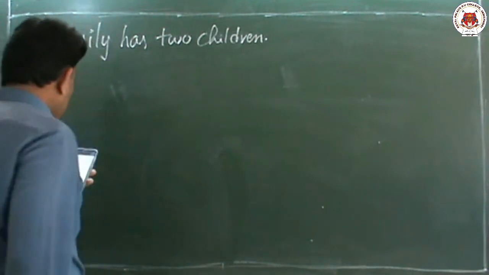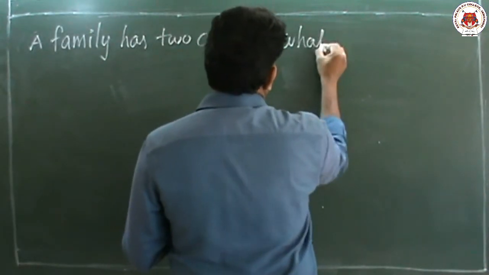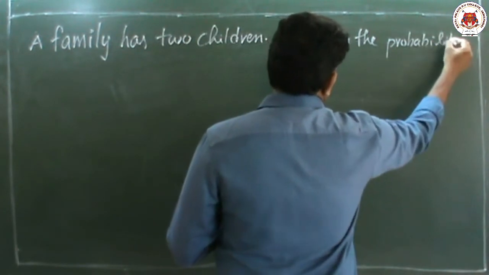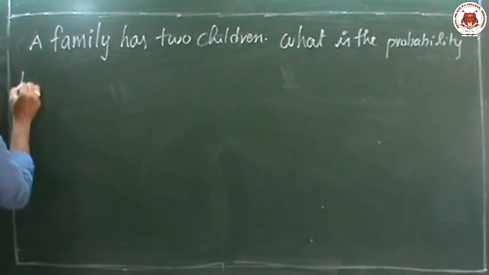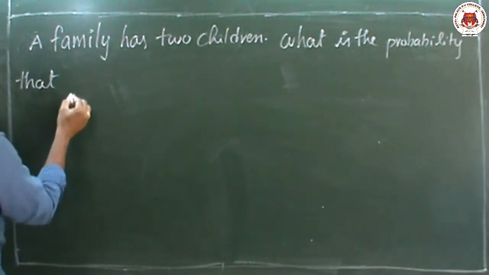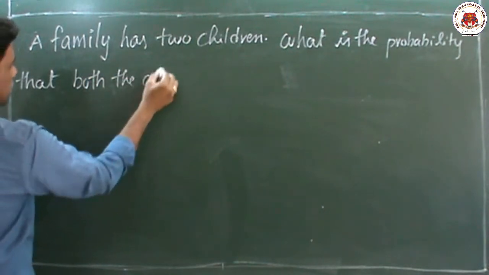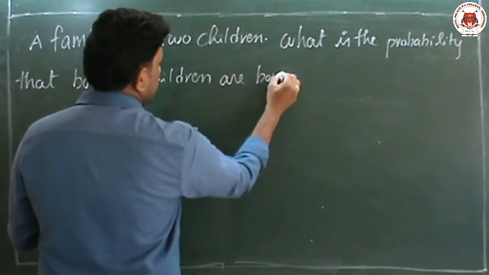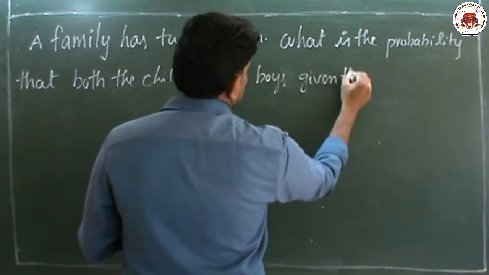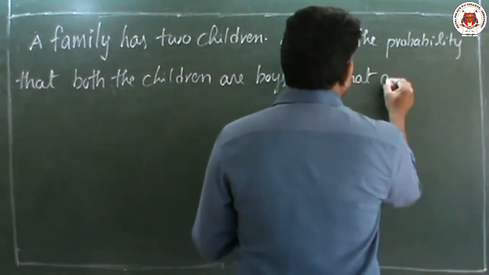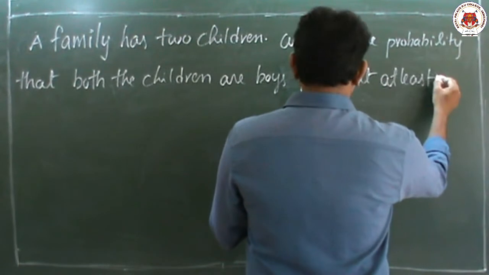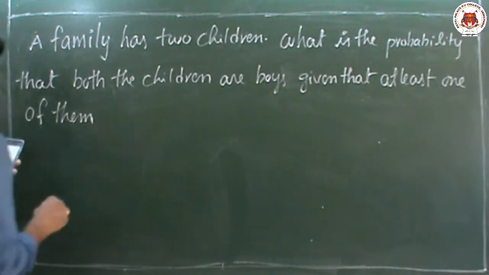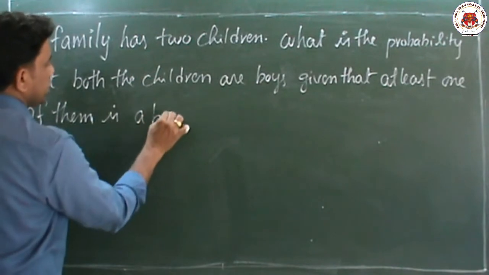What is the probability that both the children are boys, given that at least one of them is a boy? This is the question.